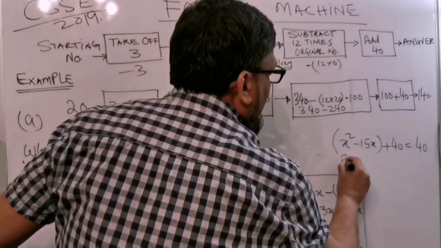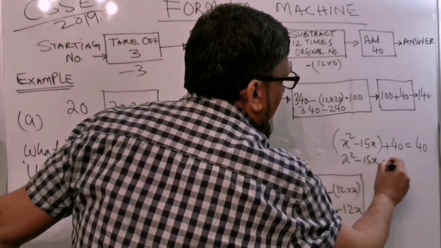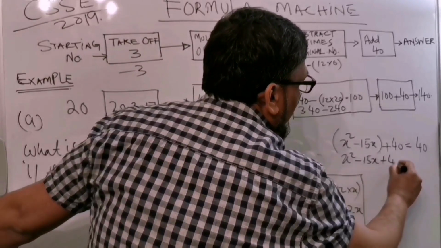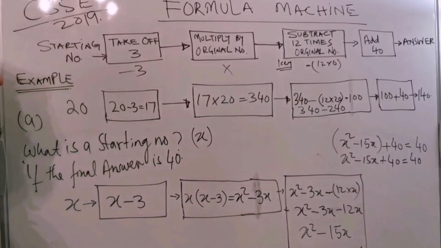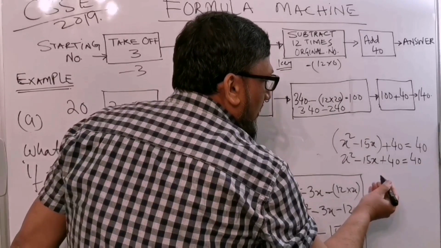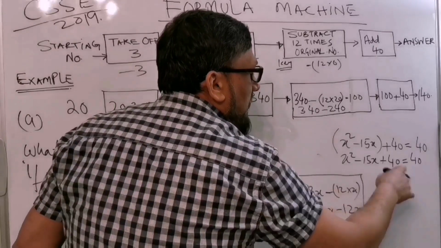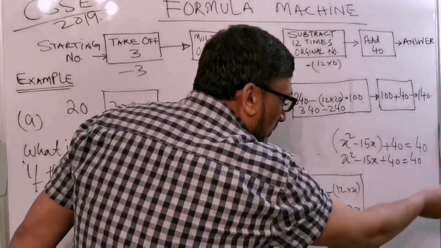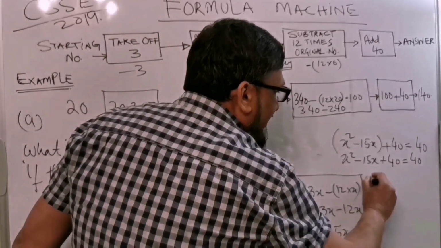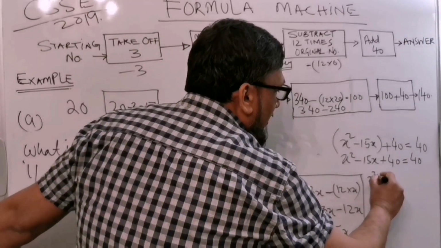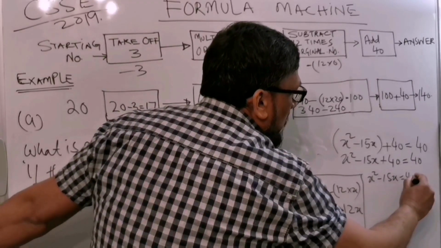We need to solve this equation. So this is x squared minus 15x plus 40 equals 40.